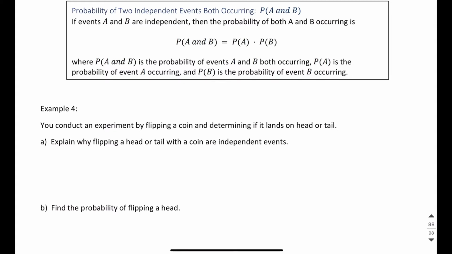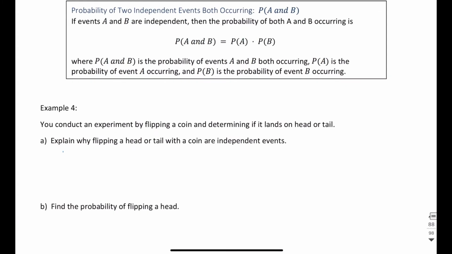The reason these are independent is because the outcome of each flip is not affected by the previous outcomes.